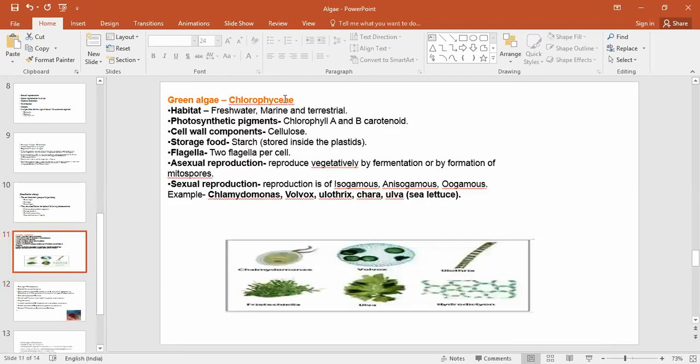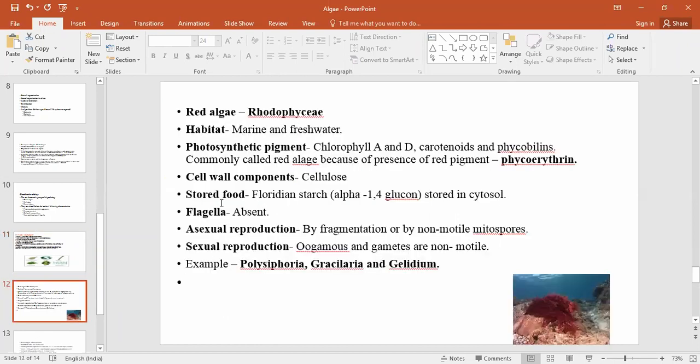What is the difference in Chlorophyceae? There, food is stored in the form of starch, in the plastid. In Chlorophyceae flagella are present; in Rhodophyceae flagella are absent.